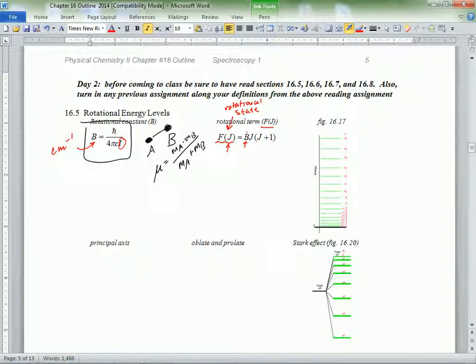No. So the rotational terms that they are referring to, describing the different states of rotational energy levels, have to have units the same as B. What do we say units of B are? Wave number.